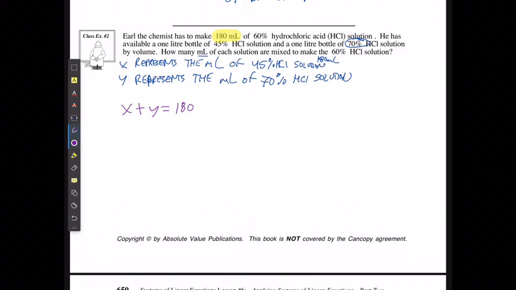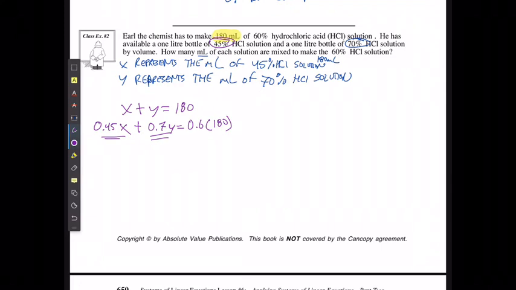If X is 45% acid, then 0.45X is going to tell me how much actual acid I'm getting from X, plus 0.7Y, which tells me the amount of acid from Y, and this is going to equal 0.6 of the total 180, because 60% of that 180 milliliters is actually going to be acid. And then I'm just going to solve it the same way that I did the last one.